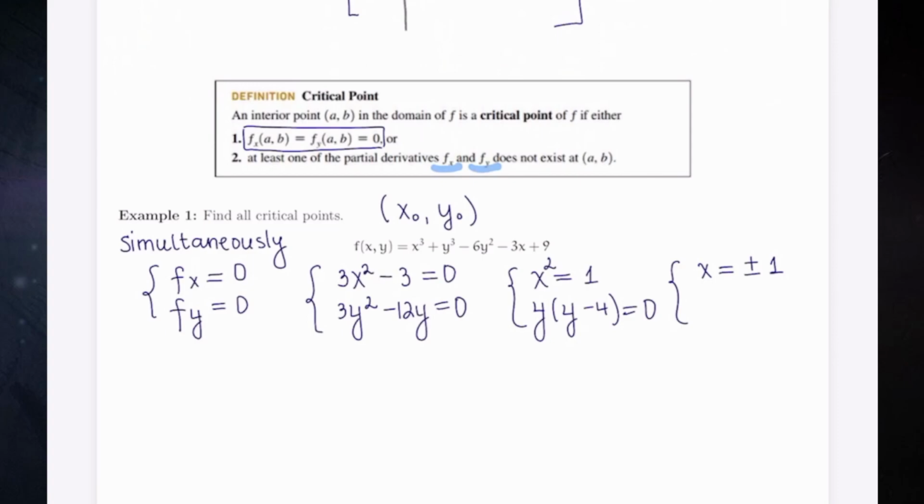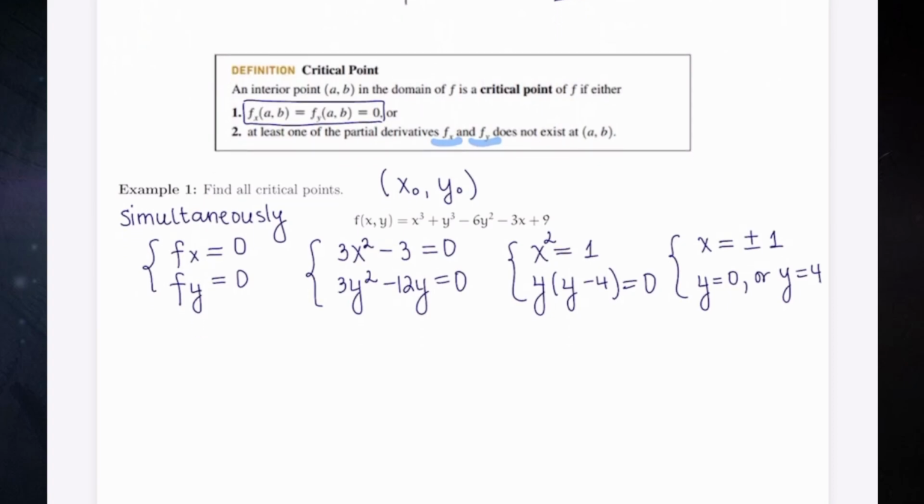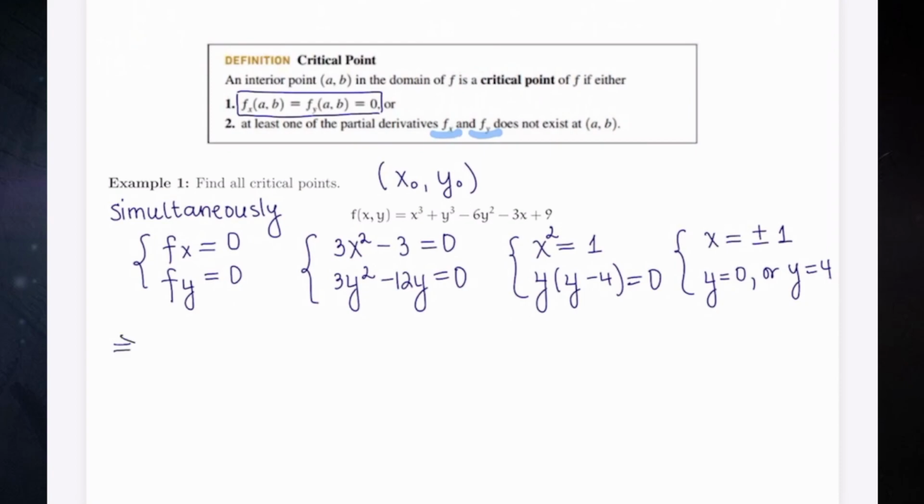And over here, we have either y is equal to 0 or y is equal to 4. This is a product of two numbers equal to 0, and that happens when either one of them is 0. So what do we conclude from here? We have 4 critical points.